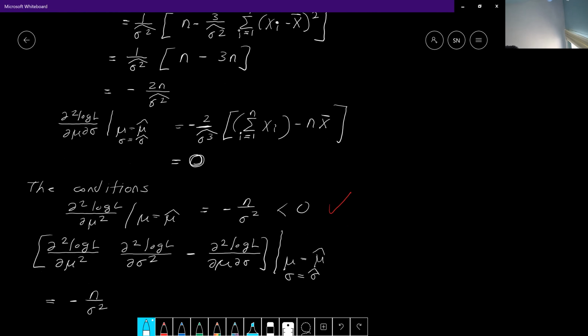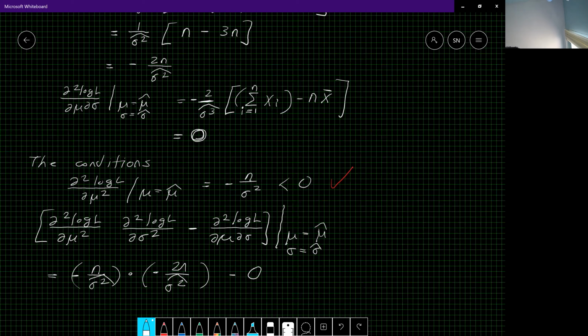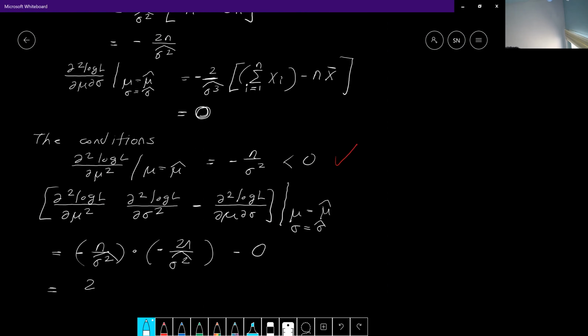And the second term is minus 2n over sigma squared. And the third term is 0. We just showed it is 0. So clearly what you have is 2n squared divided by sigma to the power 4. And this is clearly positive.